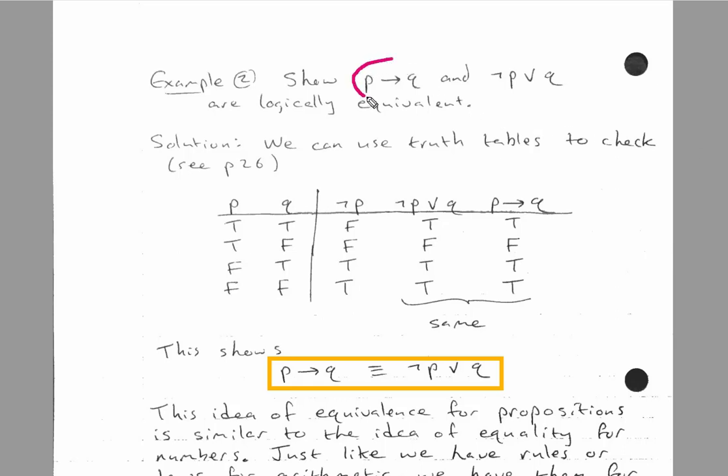If this one is true, then this must be true. If this is false, then this is false. They're always supposed to have the same truth value. And maybe the simplest way to check is just to make a truth table.